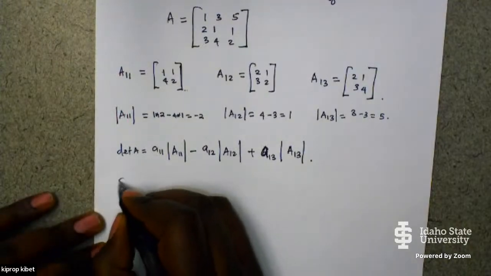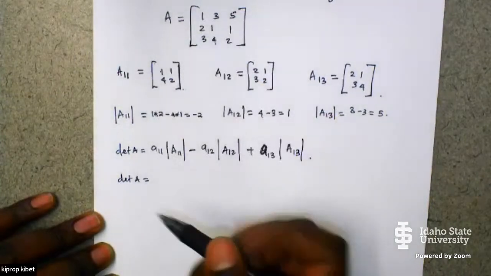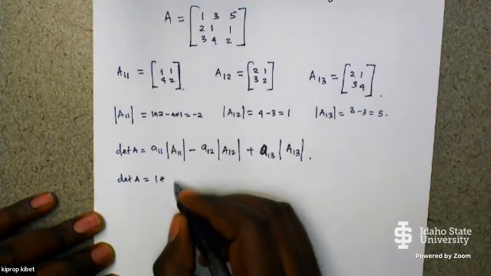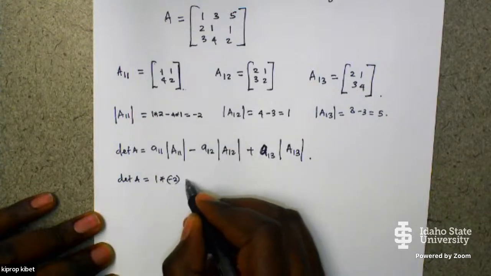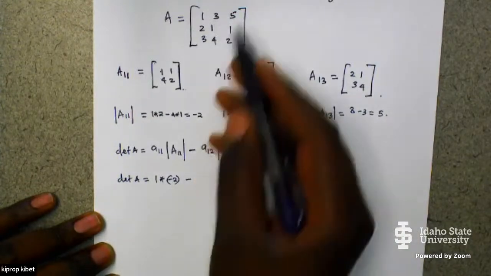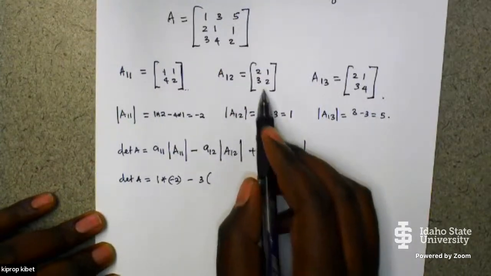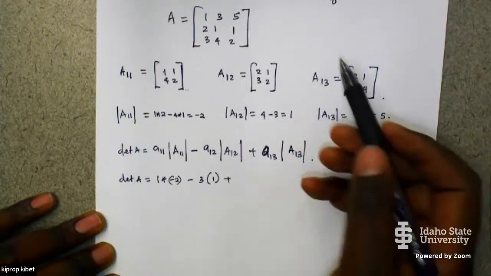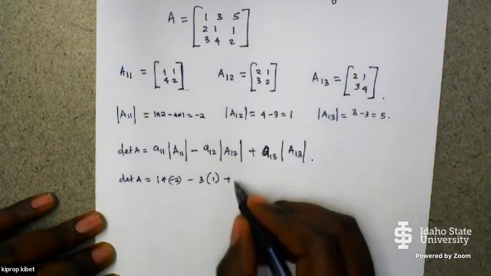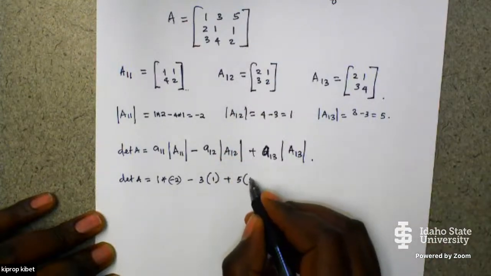So therefore, the determinant of A is now A11, which is 1, multiplied by the determinant of A11, which you already found, minus 2, minus A12, which is 3 here, multiplied by the determinant of A12, which you already found, which is 1, and then plus A13, which is 5, multiplied by the determinant of A13, which is 5 there.